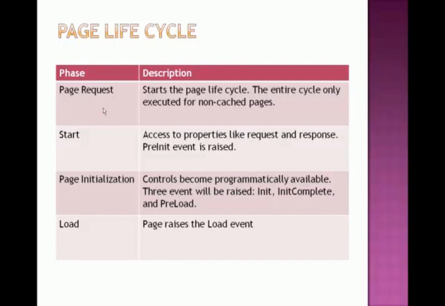All of the data that you add or put in the controls in the page, the interaction will be happening through the response and request properties. In addition to this, during this phase, a pre-init event is raised that signals the page is going to go to the initialization phase next.